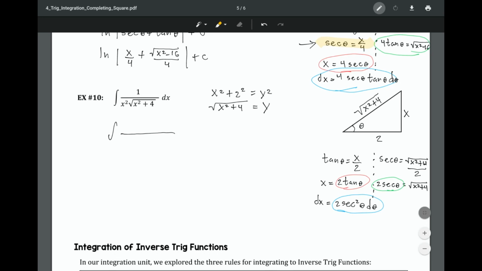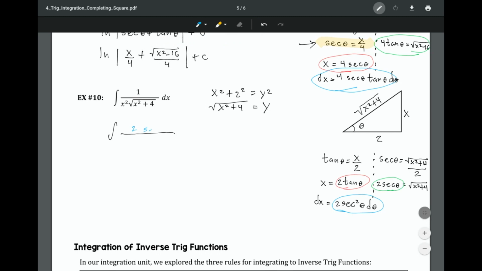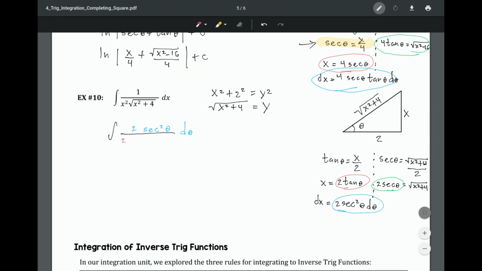So on the top, all I have is dx, so I will replace that. So I have 2 secant squared theta d theta over, let's see, what do I have in the bottom? I have x squared, so I definitely need 2 tangent theta, and I'm going to square that, but when I square that, I get 4 tangent squared.